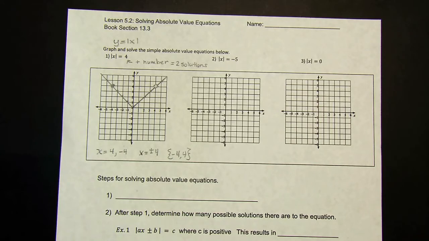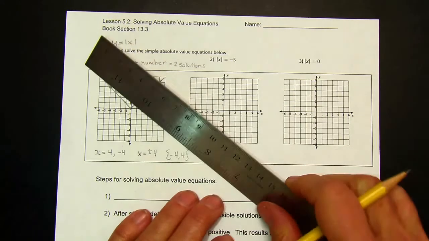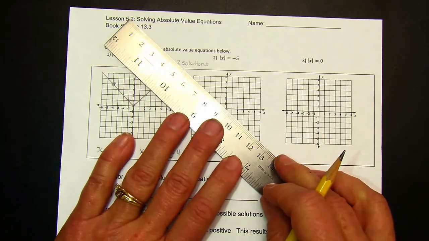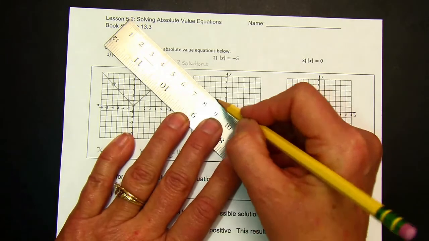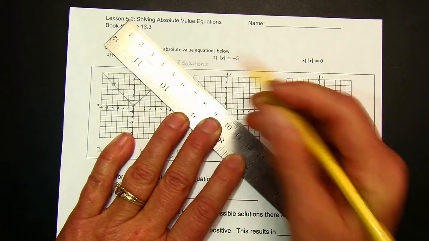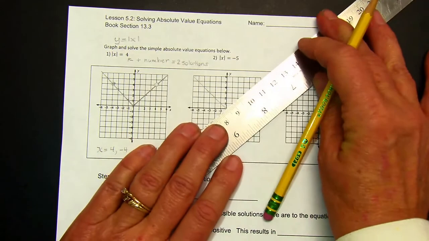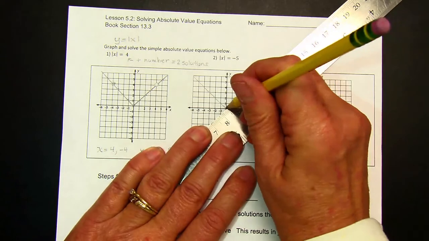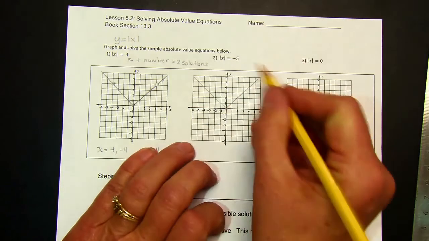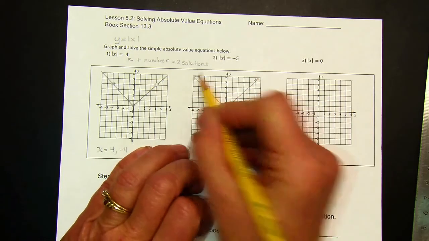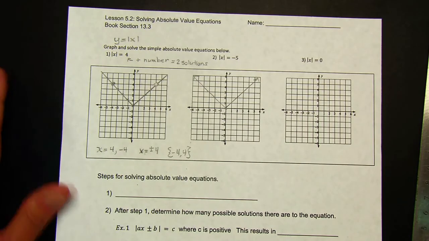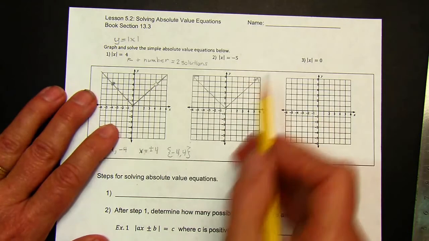All right, let's look at the next one. We're going to graph that parent function again. The vertex is at 0, 0. And we go up 1, left 1, up 1, left 1. And there's that side. And then we go up 1, right 1, up 1, right 1 on the other side. There's that side. And this time, we're looking for the places on that graph where the y value is negative 5.